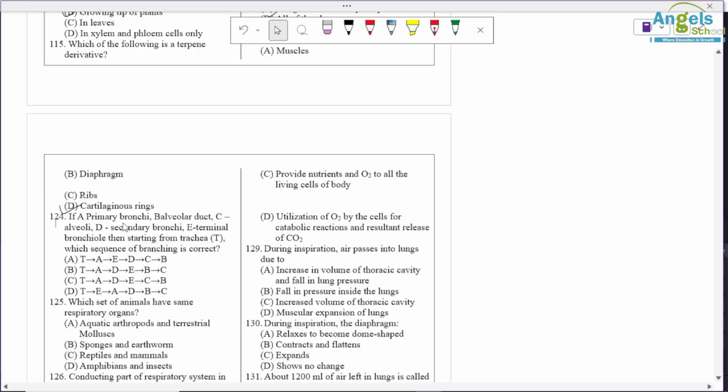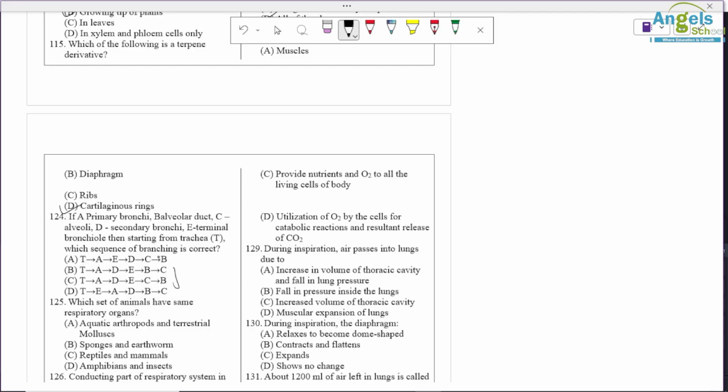So what is the correct sequence if starting from trachea? T, obviously T is first. Then trachea opens into primary bronchi. Primary bronchi open into secondary bronchi. So TAD. Okay, so here two options are there.